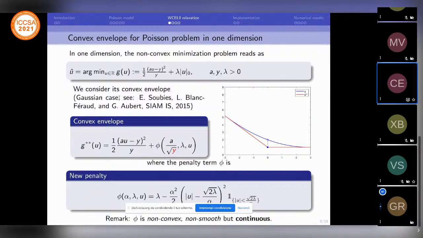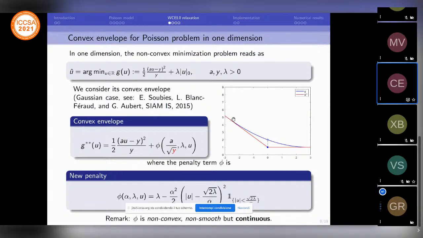This is a generalization of the Gaussian case, which is the expanding paper by Soubies, Blanc-Féraud, Aubert, SIAM Journal on Imaging Sciences of 2015. And we obtain the same penalty terms as the paper, normalized by the square root of the data y.